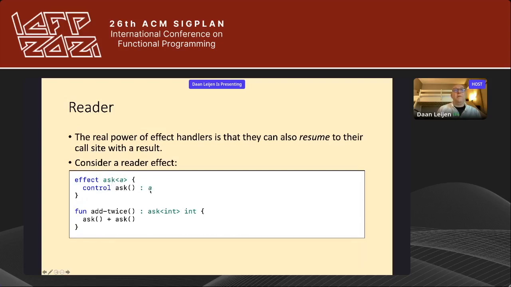So now it's not a polymorphic value, but it's determined by the effect type. So I can already use it. I can do add twice, and it says, give me a context where I can ask for integers. So you ask an int here, you ask another int, and then you add them up together to get the final result.